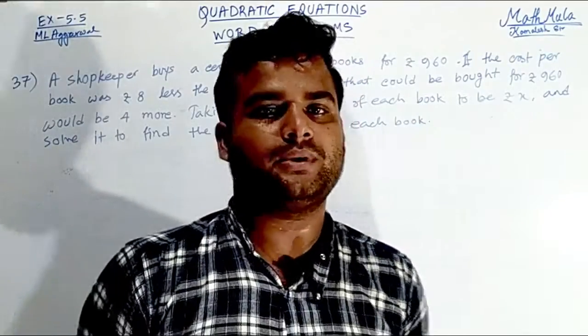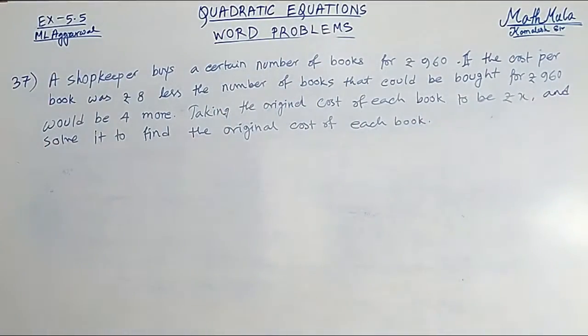Now we solve sum number 37. A shopkeeper buys a certain number of books for rupees 960. If the cost per book was rupees 8 less, the number of books that could be bought for rupees 960 would be 4 more. Taking the original cost of each book to be rupees X, find the original cost of each book.